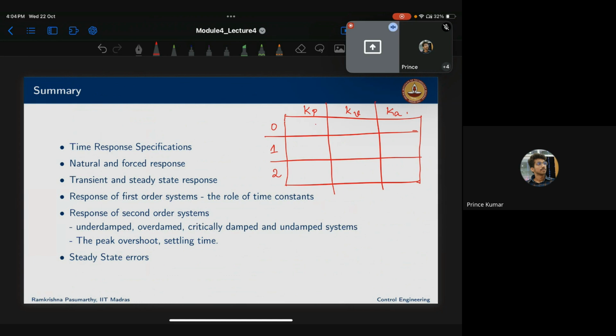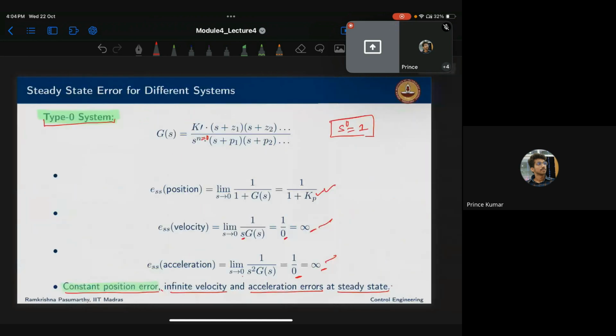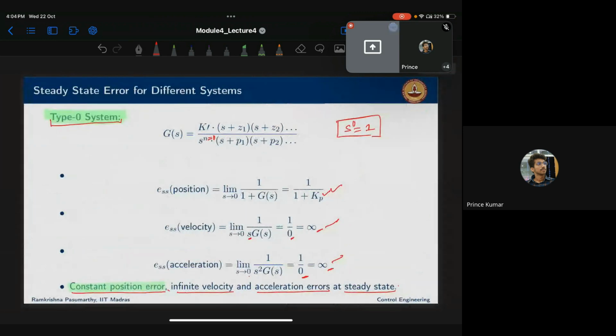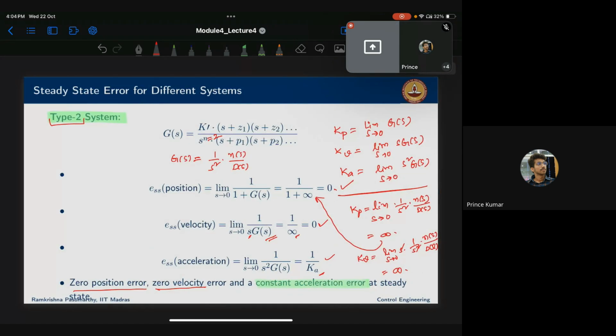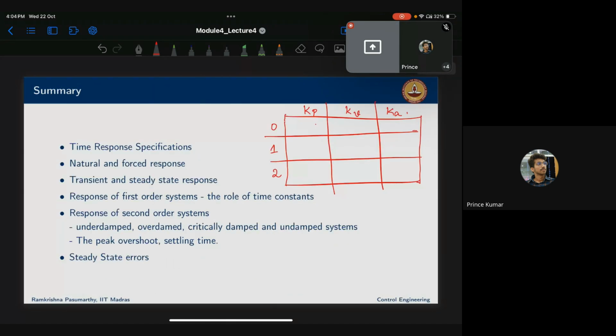So in this, what is Kp? Here first case, type 0. So 1 by 1 plus Kp, infinity and infinity. So this is 1 by 1 plus Kp, this is the ess. This is step input, this is ramp, this is parabolic.